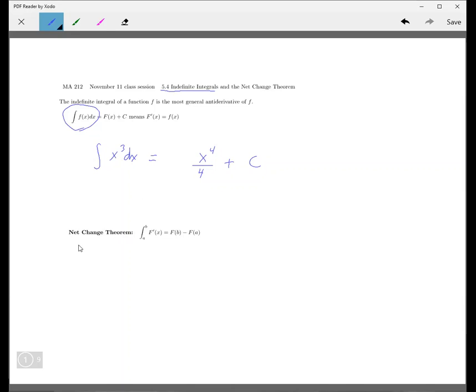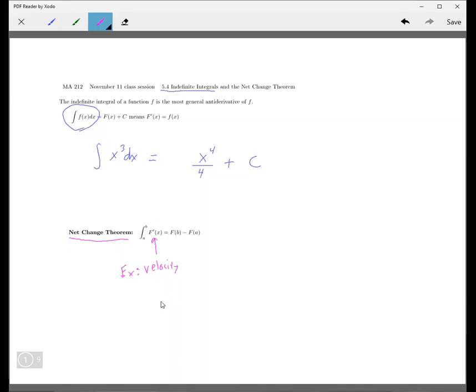And then another part that we're talking about is the net change theorem. So with a derivative, an example here might be velocity, or it could be something else. But for example, if it's velocity, then this would represent the net change in position.